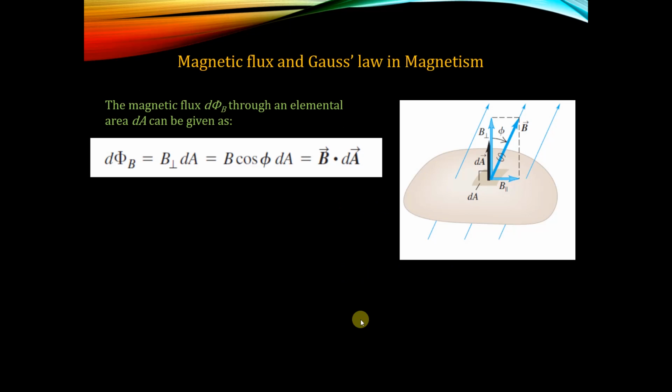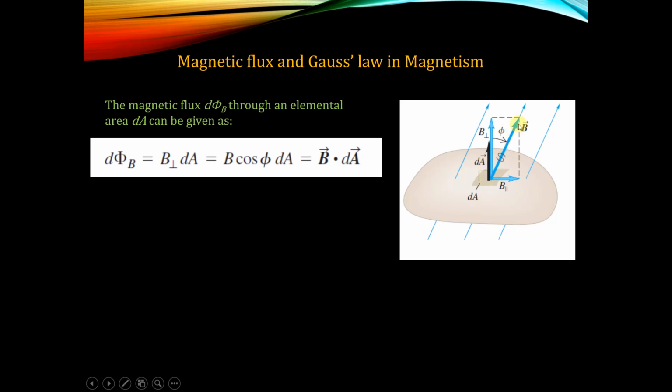Now let's move into magnetostatics and try to get a Gauss law for magnetostatics. Before we get into the Gauss law, we need to understand how the flux can be represented in the case where a magnetic field is produced. We have considered a surface here, and dA is a small elemental area, and this black arrow represents the vector for this elemental area, vector dA.